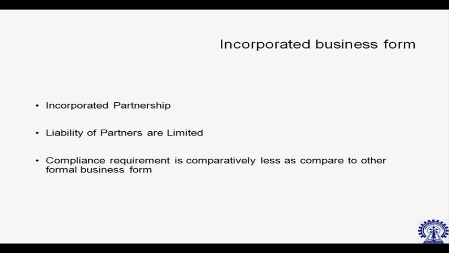The next one is that the compliance requirement is comparatively less than other formal business forms, but it is comparatively more than flexible business forms like partnership or proprietorship. In case of an LLP, your compliance is in terms of filing an annual report, which will include the financial report of the firm.